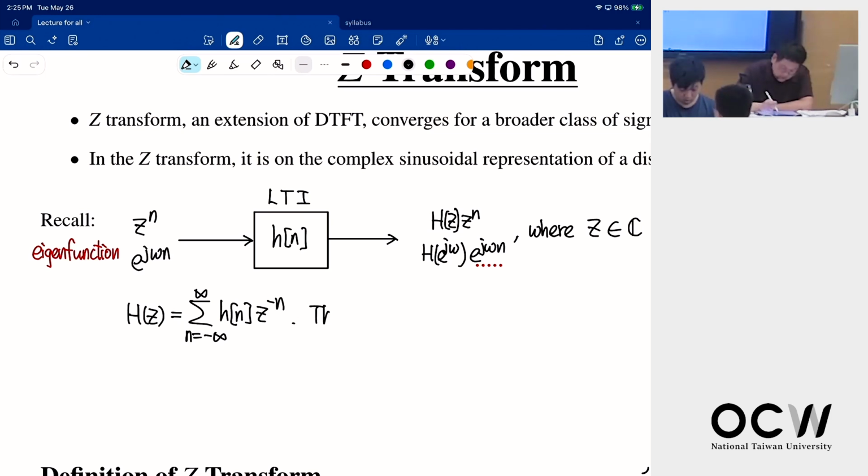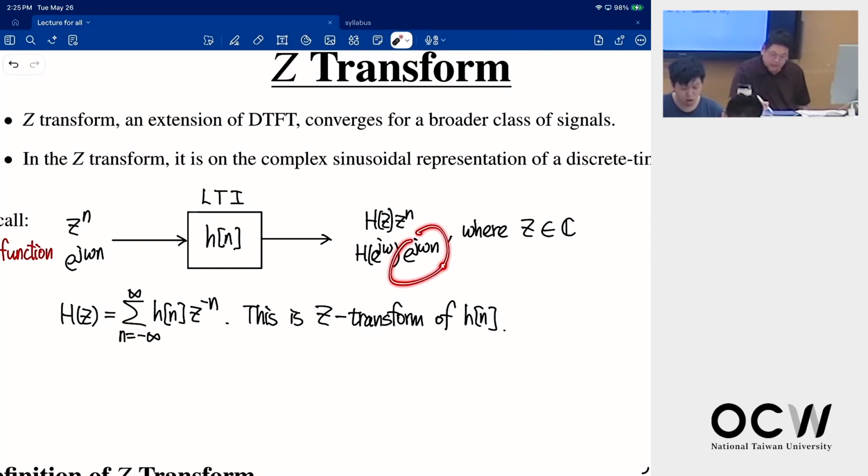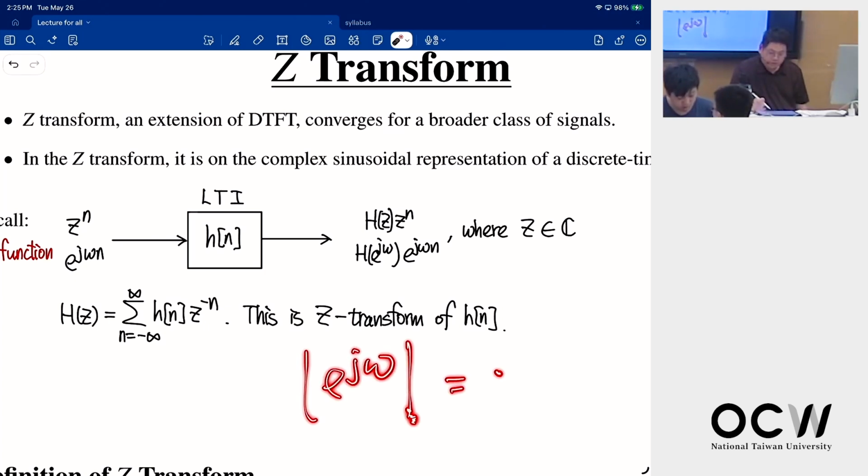Okay, this is the Z transform. What is e to the j omega? If you take the magnitude of e to the j omega, it is 1, right? So it is a unit circle.